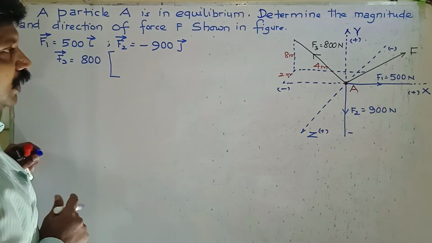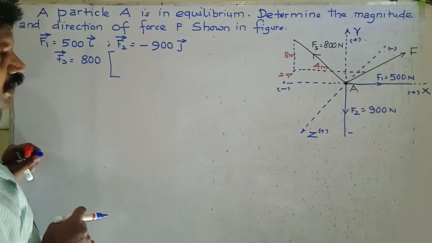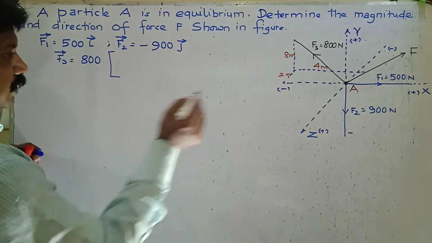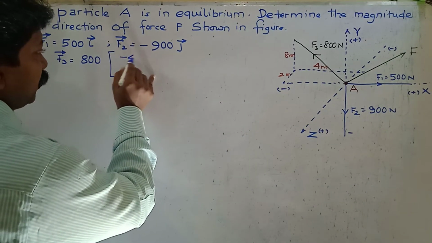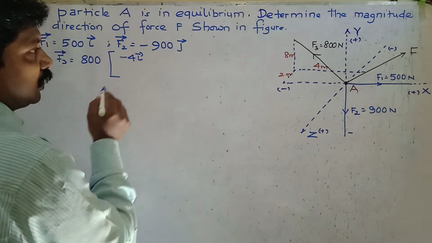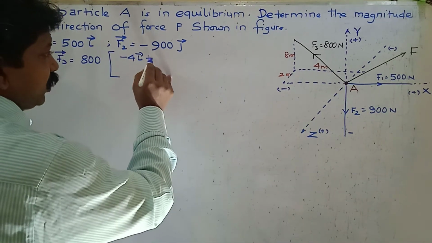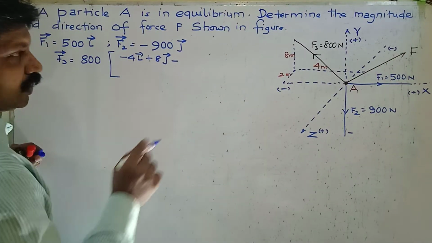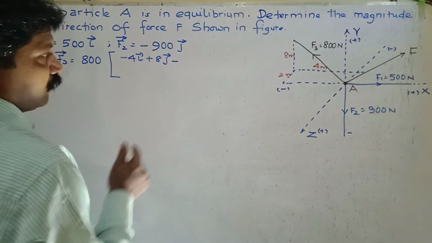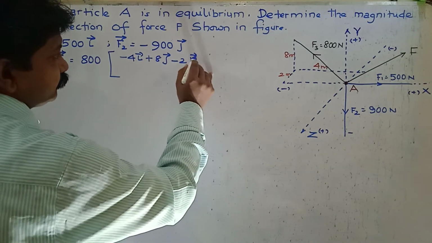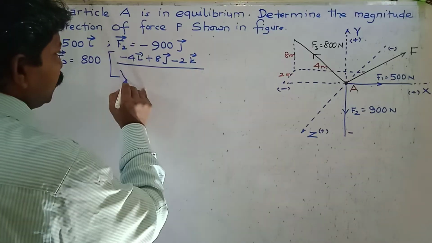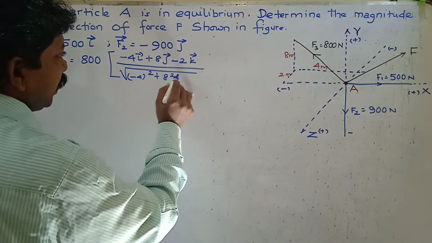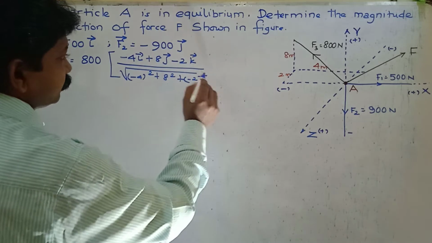So 4 meter distance in the x direction towards the negative direction, so minus 4i vector, plus 8j vector in the upward direction, minus 2k vector in the negative z direction, divided by the magnitude of that vector: square root of minus 4 squared plus 8 squared plus minus 2 squared.